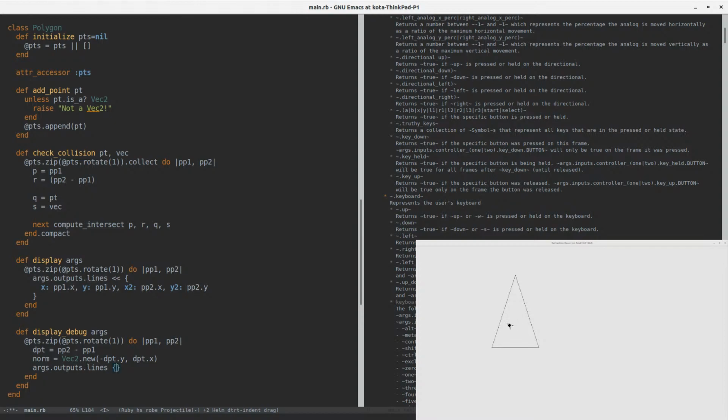Then we'll also take an average: center point equals p1 plus p2, divided by 2.